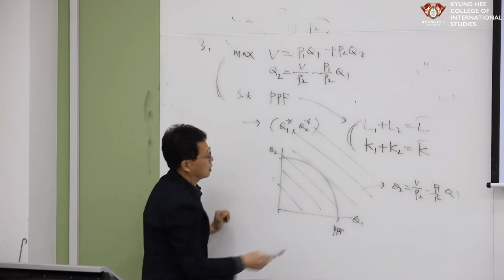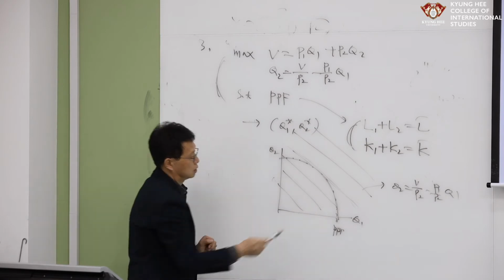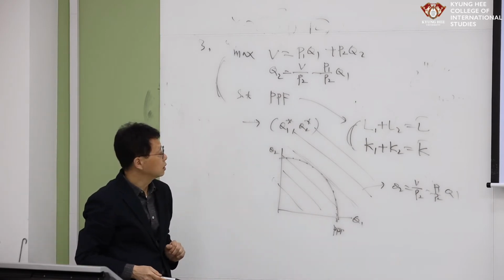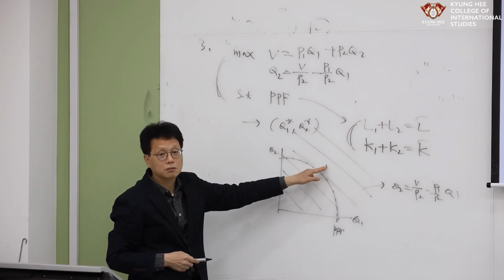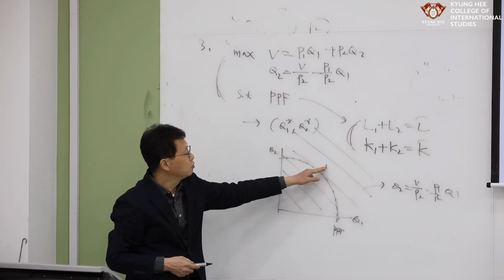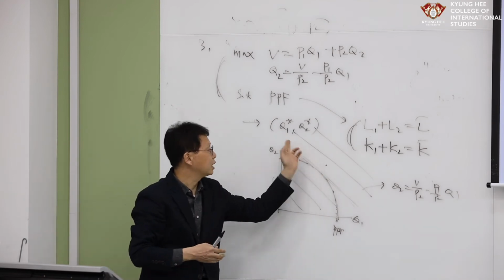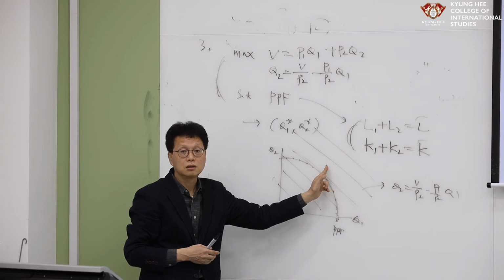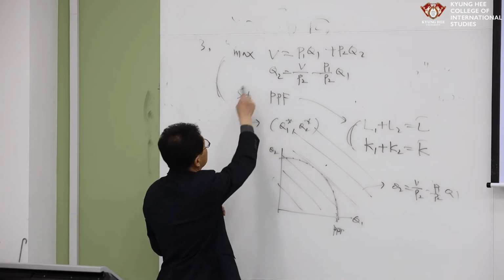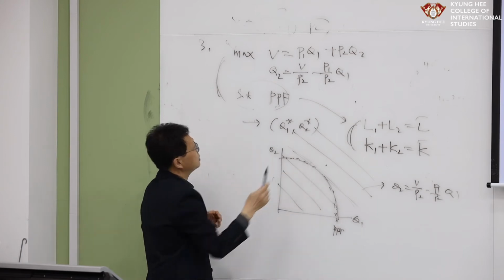Production of this point is not possible, because with the given labor and capital input, this country cannot reach this production amount. Okay? So subject to the PPF means production should occur at one point on this PPF.